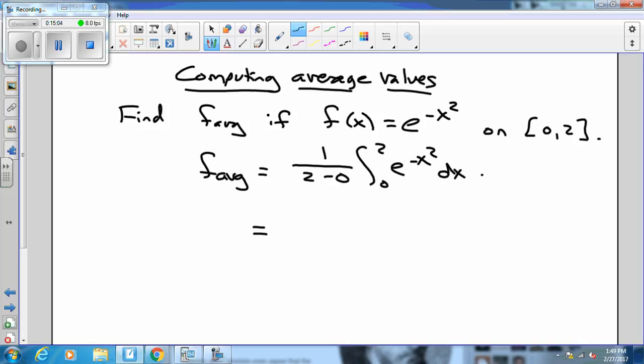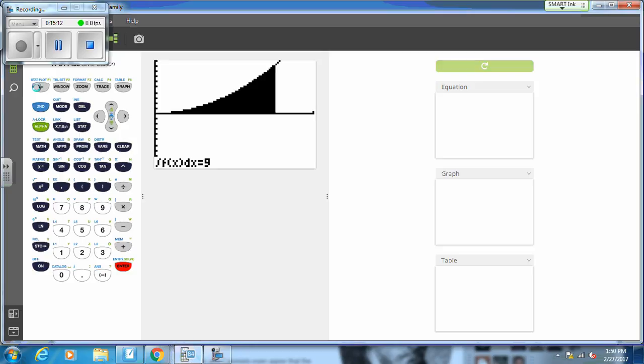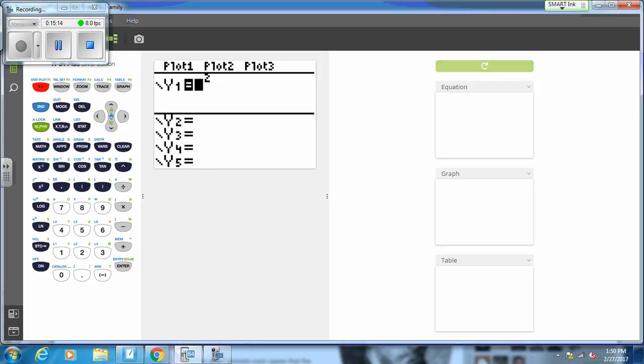And then the second thing is the evaluation process. Of course, 1/2 is 1/2, but now we're ready for an integral. So we let y1 equal the desired function, like so.